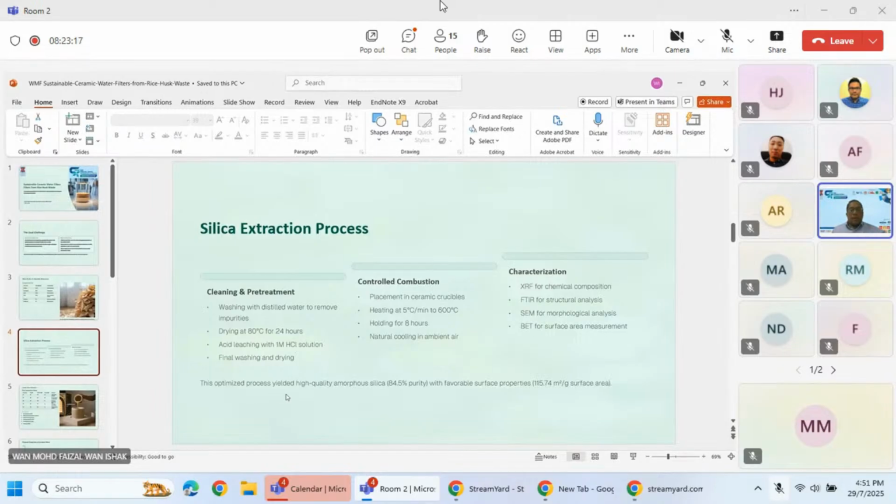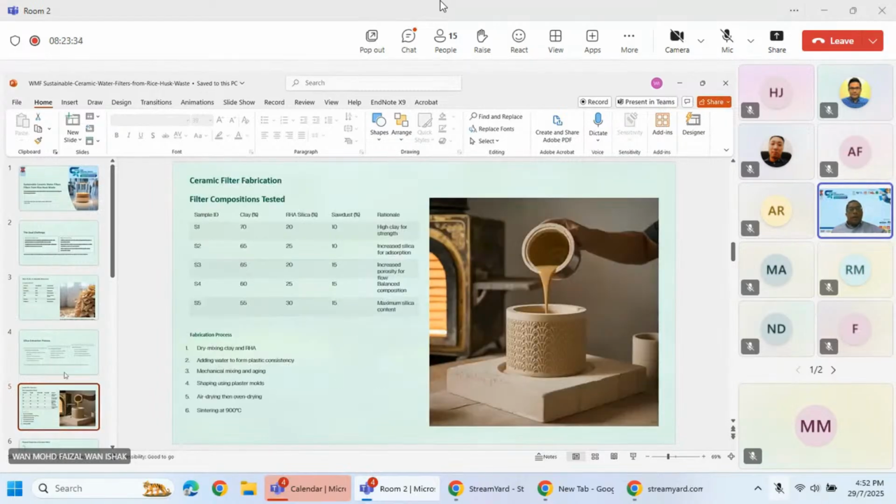This optimized process yielded high quality amorphous silica with 84.5% purity and favorable surface properties, 115.74 meters squared per gram surface area. Then we tested our ceramic filters using five different material combinations, named S1 to S5, with different percentages of clay, RHA silica, and sawdust.